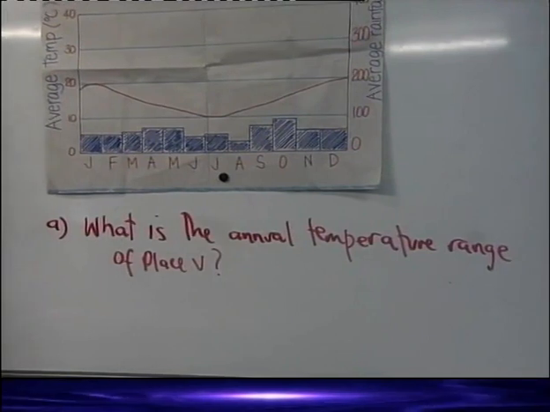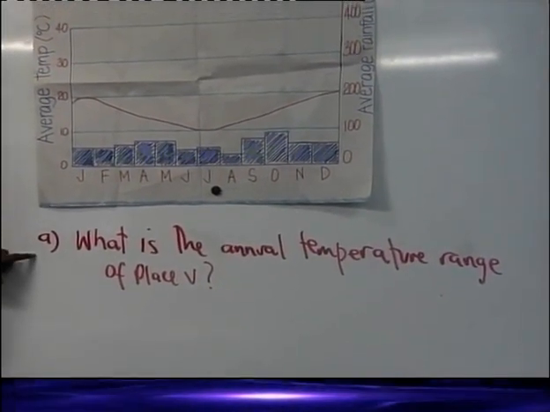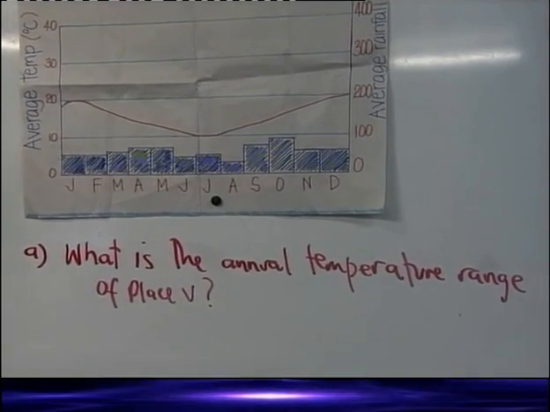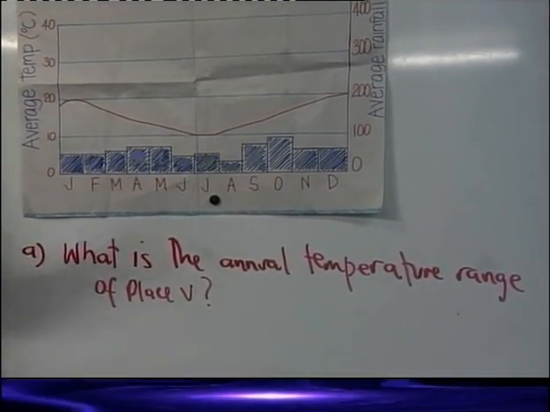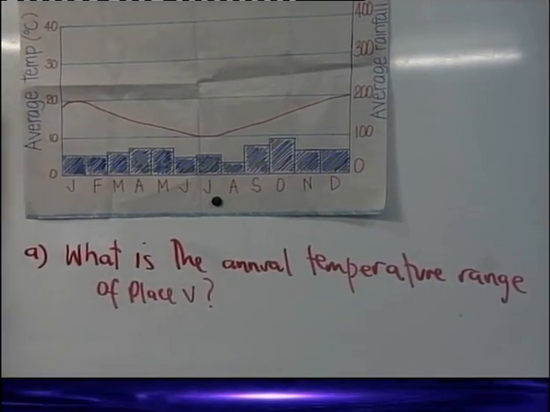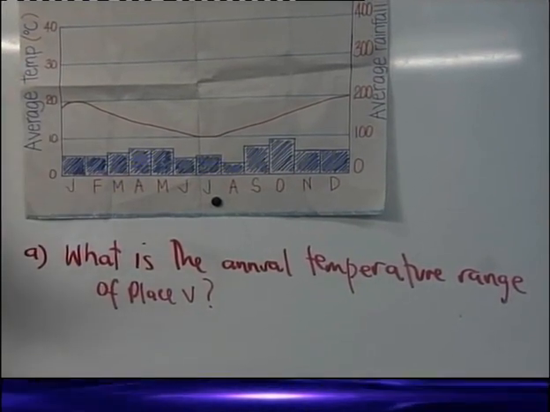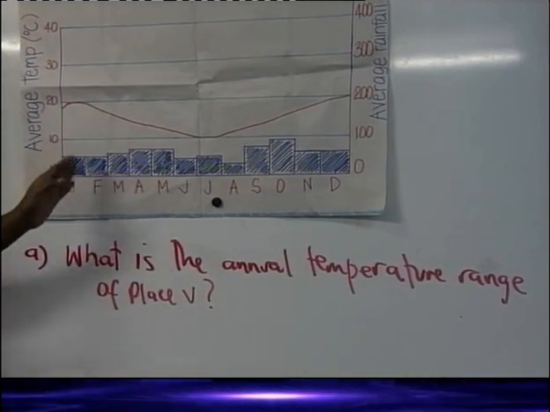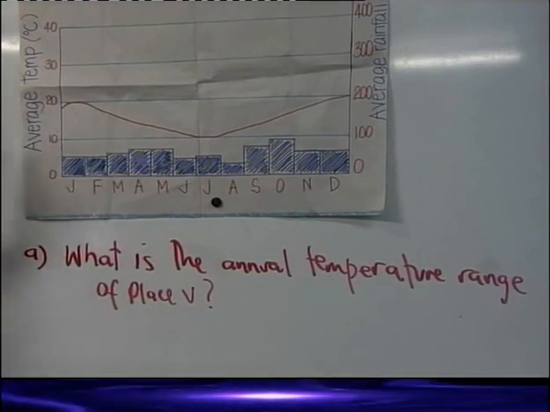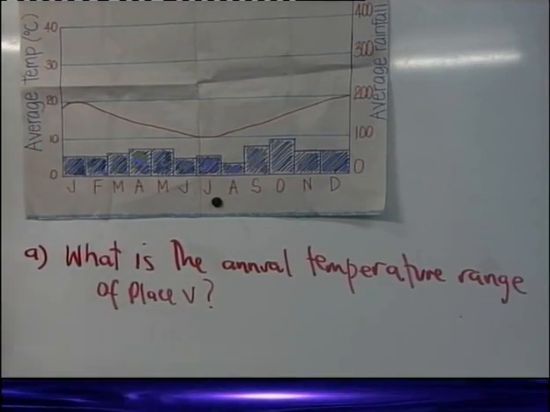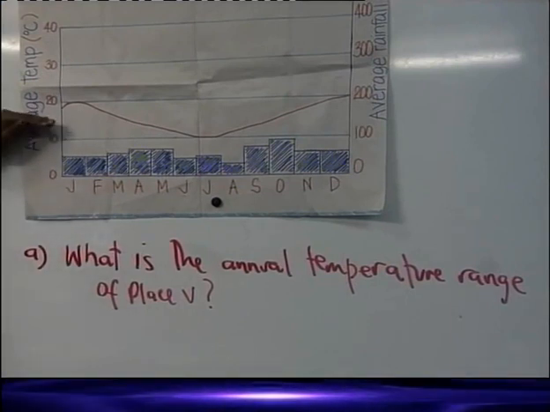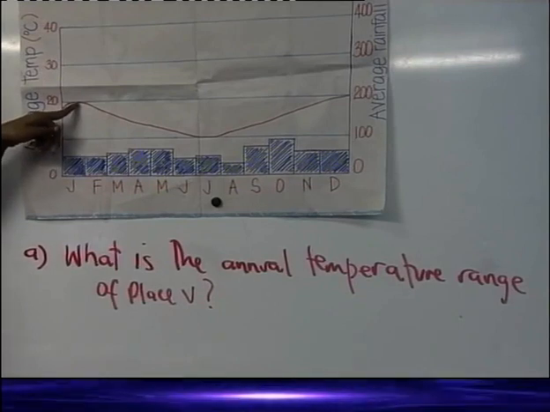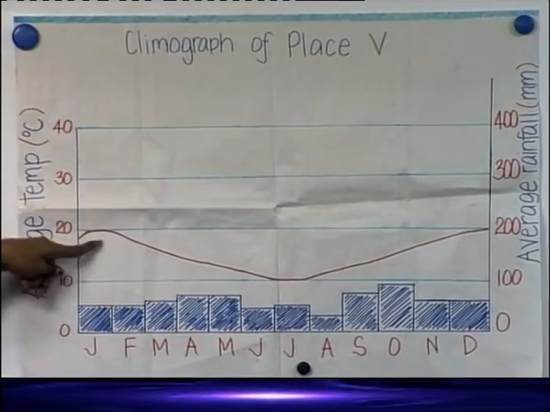Okay, I think we'll go through this question here. A. If you want to calculate the temperature range, you subtract the lowest reading from the highest reading. Our highest reading here is 20 degrees Celsius, it stops at 20.